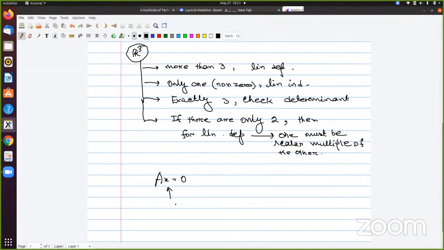It will always be either zero or infinitely many. If infinitely many, then it is linearly dependent. And if it is a unique solution with zero, then we would say it is linearly independent. Understood? Yes, sir. Thank you.